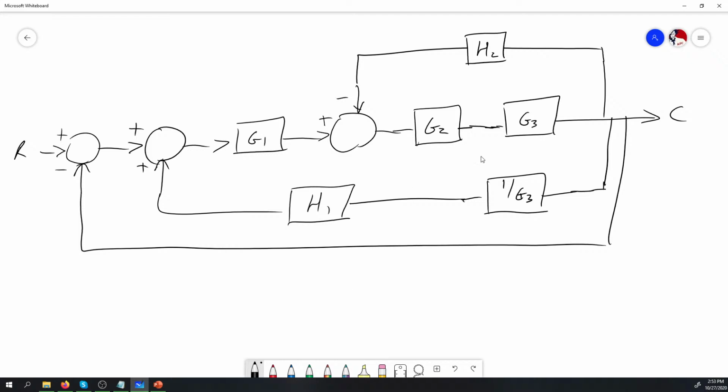And because we did this move here, that means now we're able to actually reduce this negative feedback system here, where we have the forward part here being represented as G, being G2 and G3, and our feedback path here being H2. So let's say I'm going to write this down here for reference.